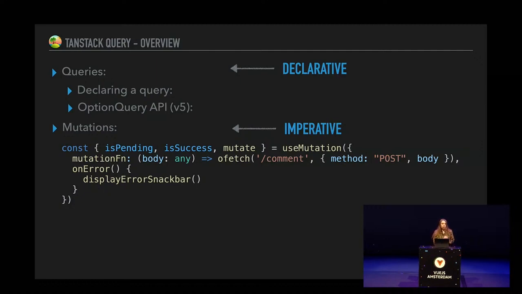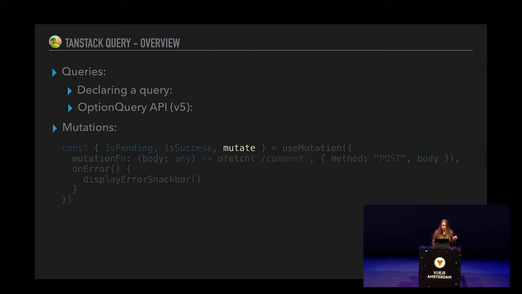For example, queries can be run when there is a window focus, when the user comes back to our application, because we want then to display some fresh data. And of course, if we were running mutations each time that there is a window focus, that would be a bit weird, right? So to handle this imperative behavior, useMutation exposes a mutate function, which we can actually use to trigger the mutation.